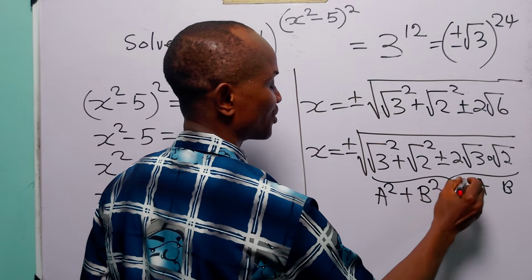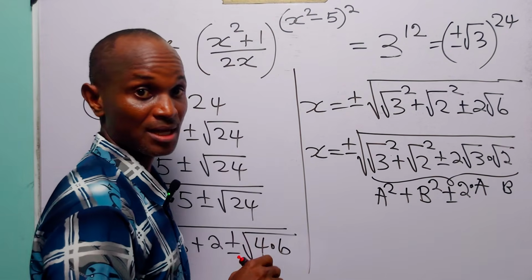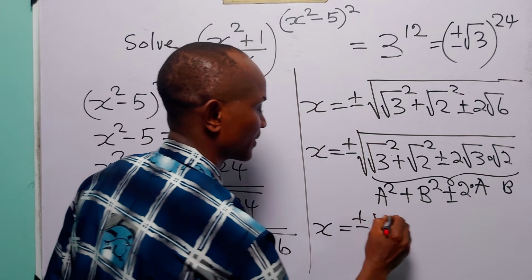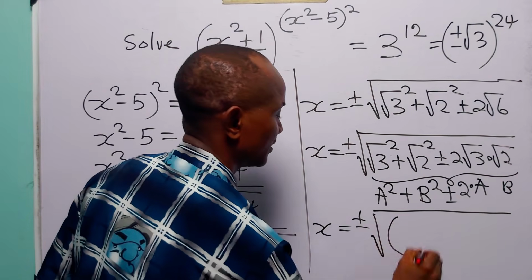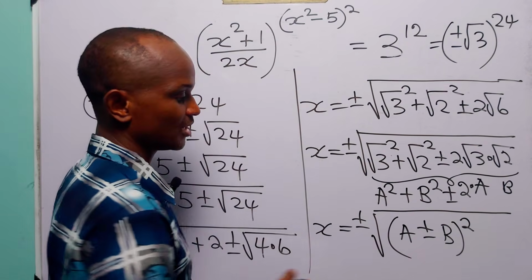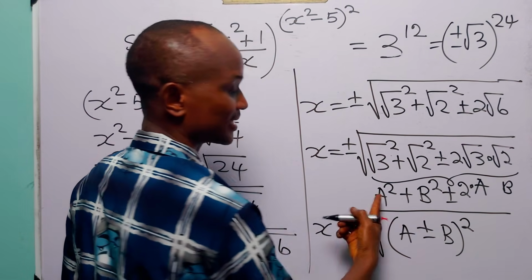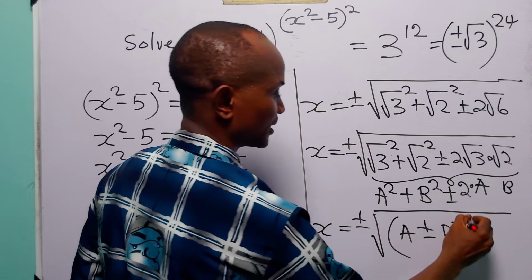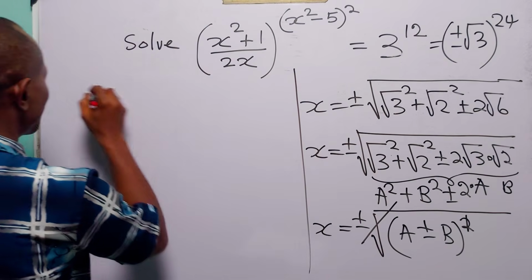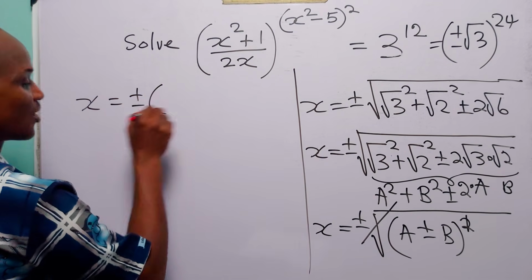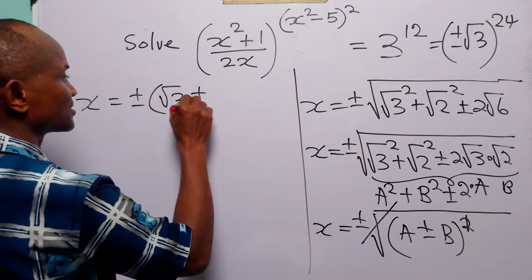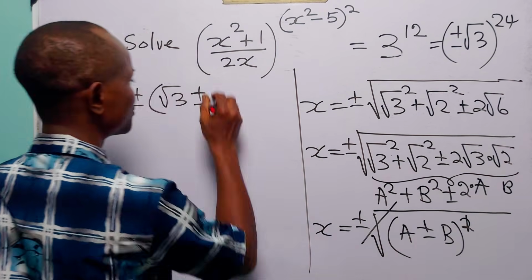And of course, we have plus or minus 2 times AB. Now you know that this is the same as A plus or minus B squared, because when we expand this, this is exactly what we get. And now, this square is going to take care of this square root. From here, we have that x is equal to plus or minus A, which is root 3, plus or minus B, which is root 2.